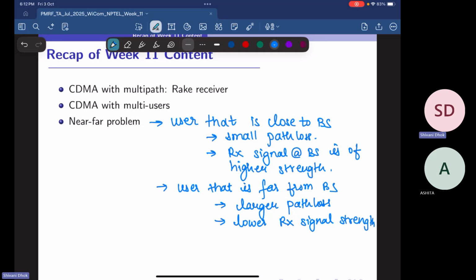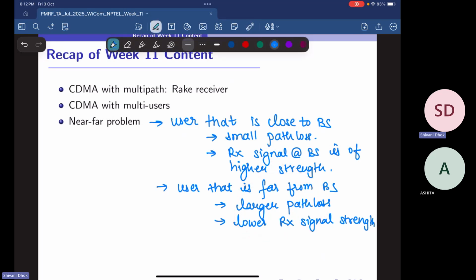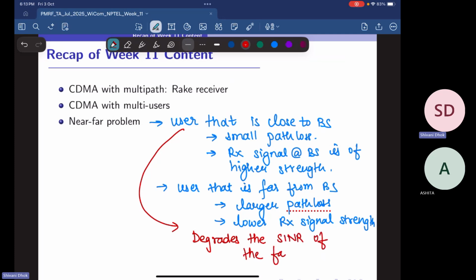So now the user which is closer to the base station is basically an interference to the user that is farther from this base station. This high signal strength of the closer user degrades the SINR of the far user.